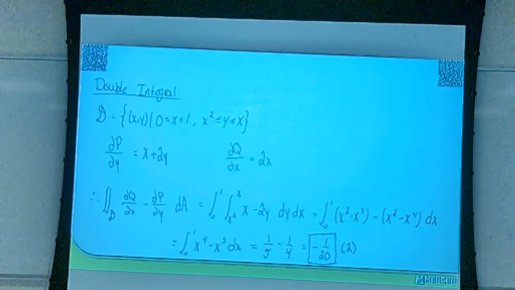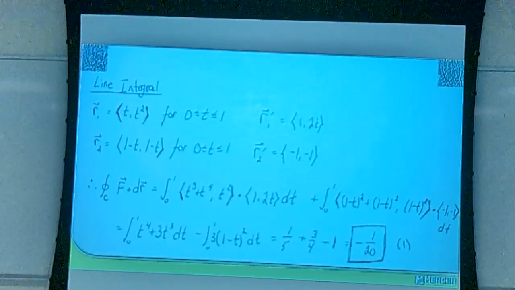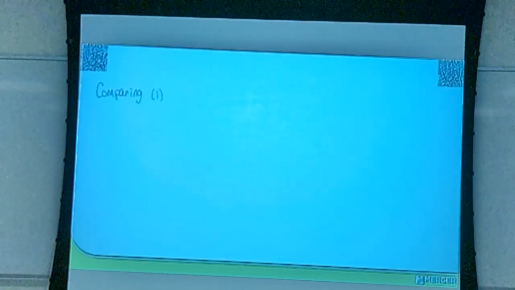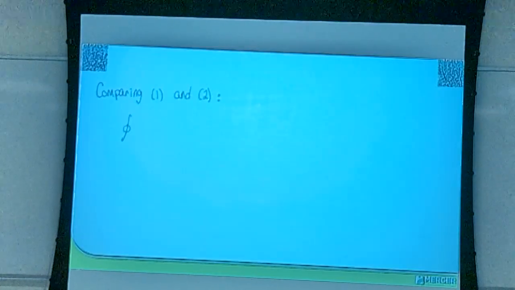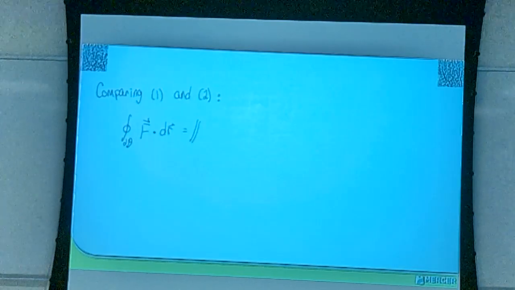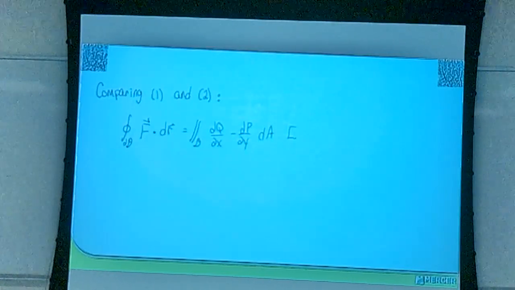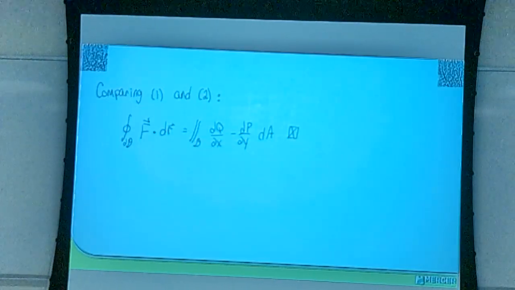What's that value? Same thing. Green's theorem has been verified, as desired.